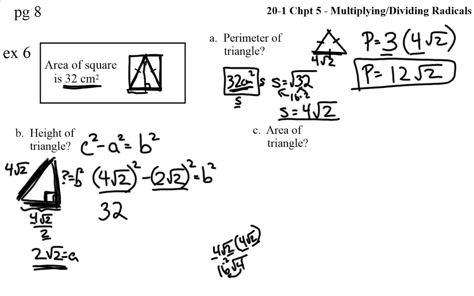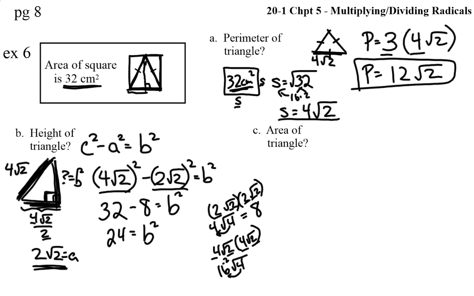Now I need to do 2 root 2 squared. So 2 root 2 times 2 root 2. 2 times 2 is 4. The radicand is root 4. Root out the 4, which gives us a 2. So 4 times 2 is a value of 8. So we have 32 minus 8 equals b squared, which is the same as 24 equals b squared.